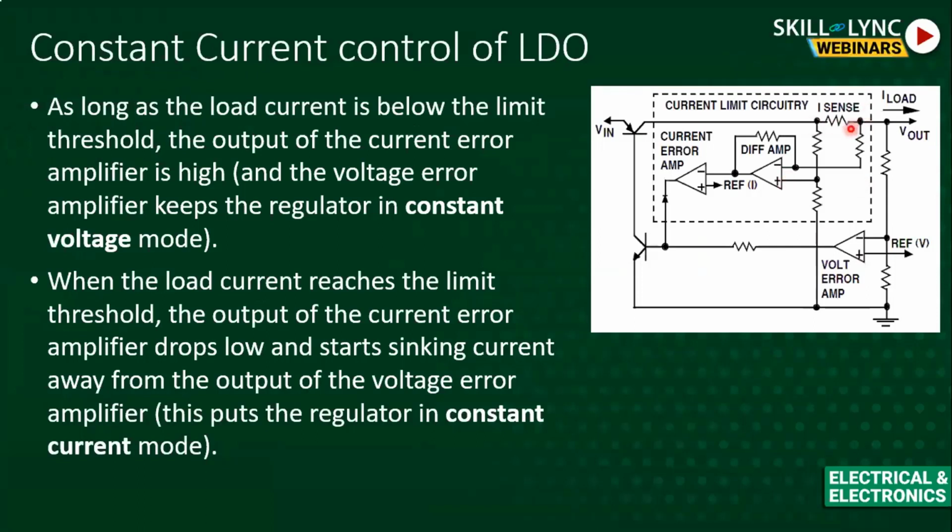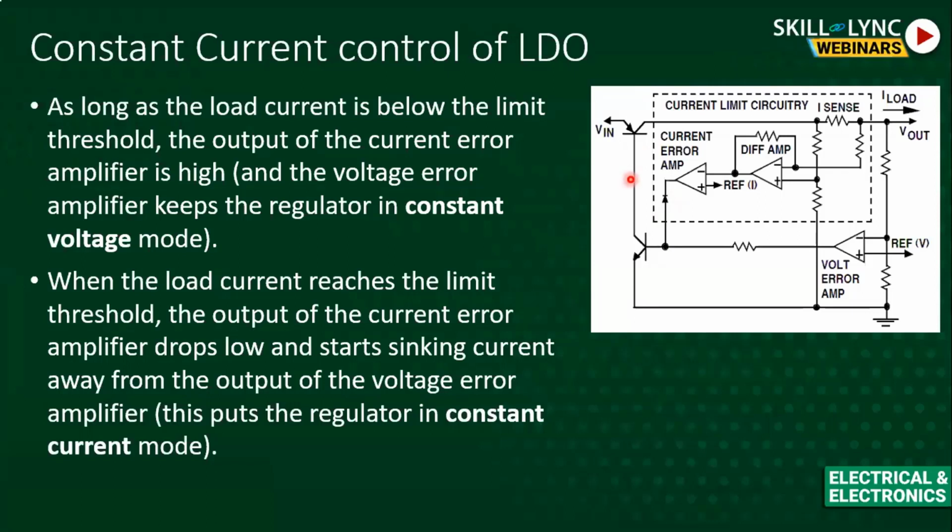If this current sense crosses the limit of this reference, what it will do is sink the reference value, because this diode will be in forward bias, and the reference will be sunk through this. So in a way, the bias current for this transistor will be reduced, so the output voltage will start reducing.